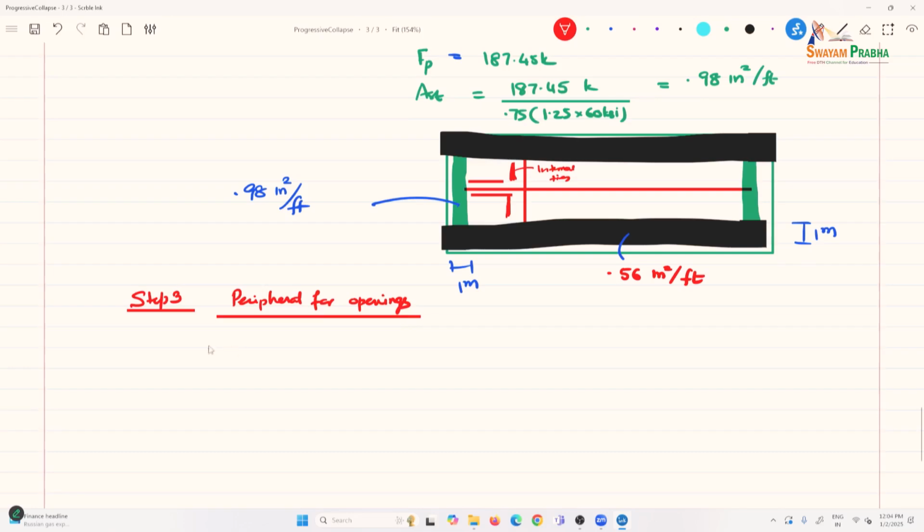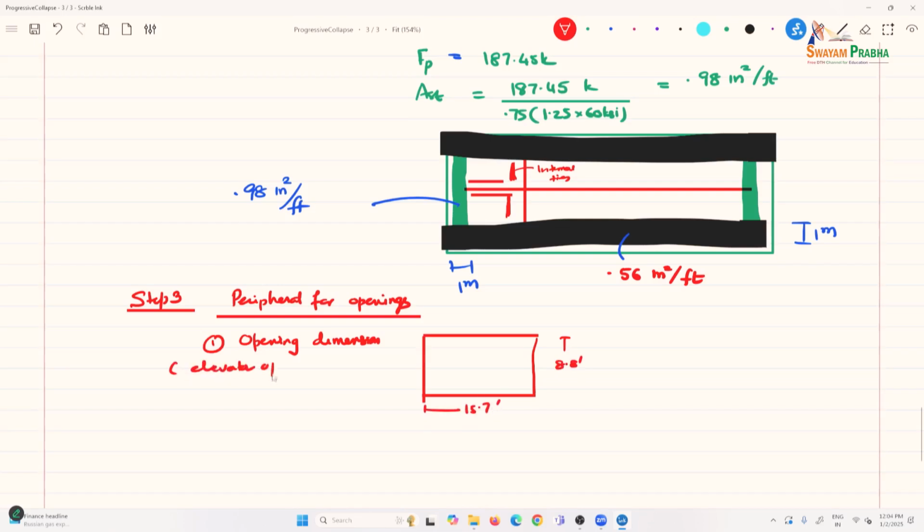The first opening dimension is given here for the stairwell. This is the smaller opening, 8.8 feet and 15.7 feet. This is for the elevator opening.